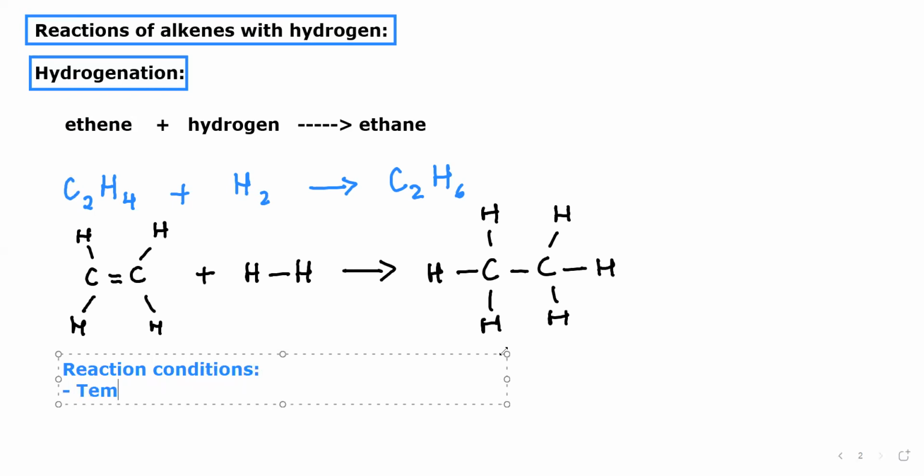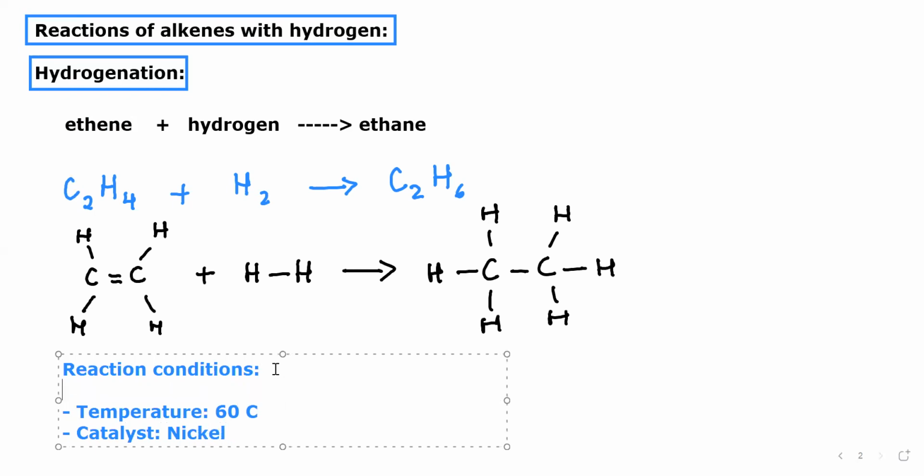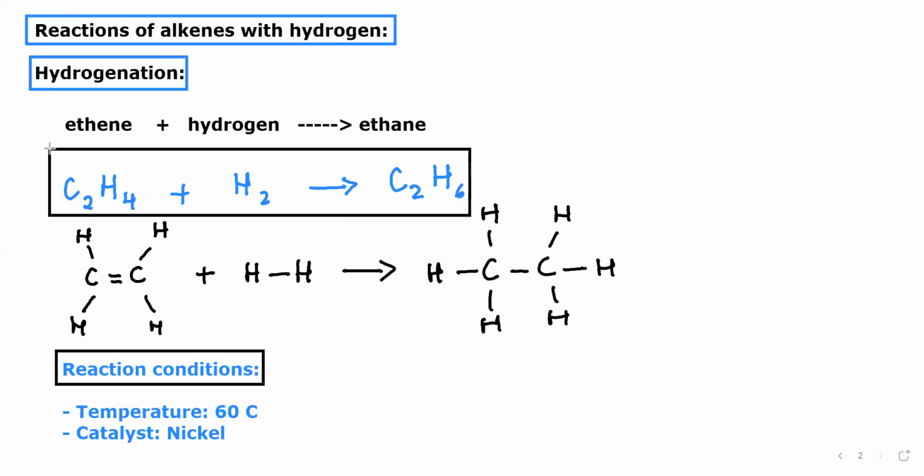You would need the temperature, about 60 degrees Celsius, and also a catalyst. It is liquid. These are the reaction conditions for the hydrogenation reaction, which is also an example of an addition reaction, as two reactants react and only one product is formed.